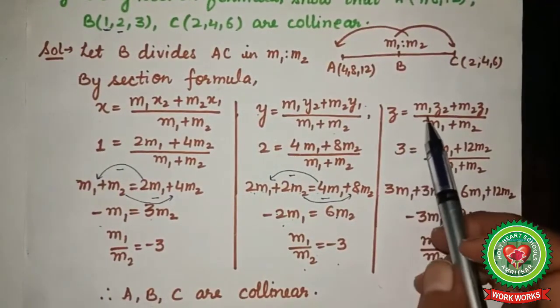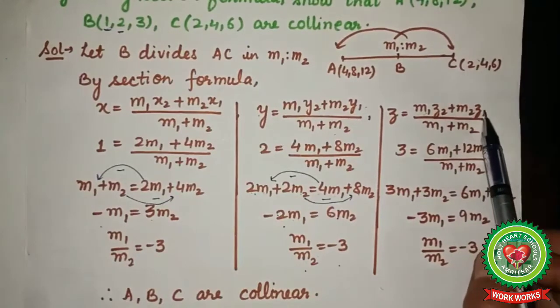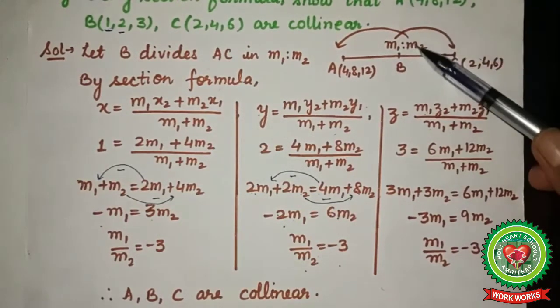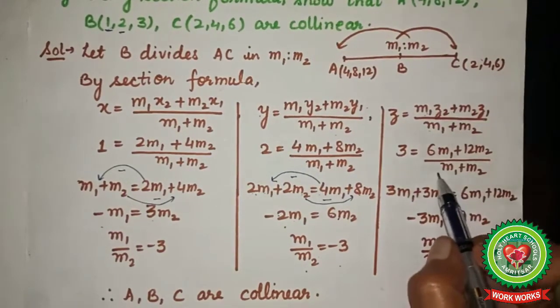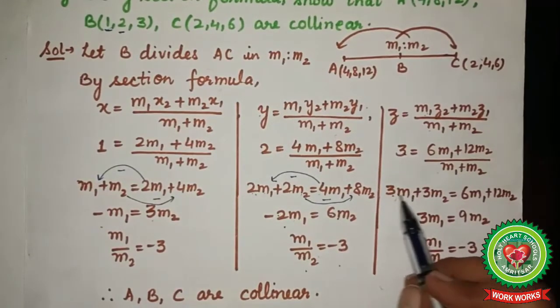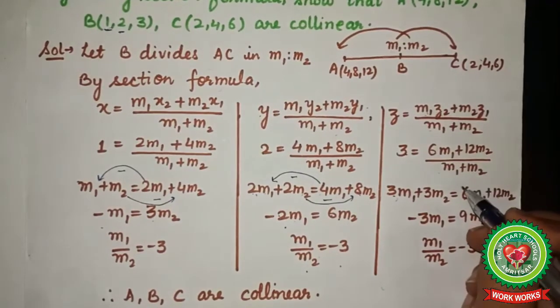Similarly, for the z coordinate, the formula is (m1 z2 plus m2 z1) upon (m1 plus m2). So here (6m1 plus 12m2) upon (m1 plus m2). On cross multiplying, we get 3m1 plus 3m2 is equal to 6m1 plus 12m2.